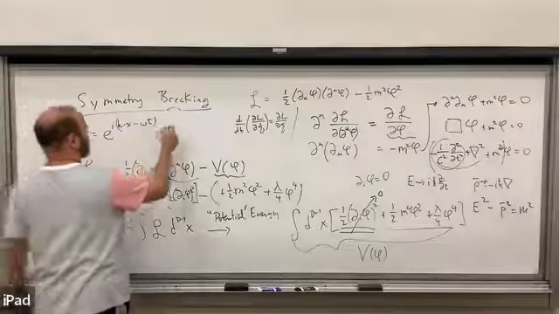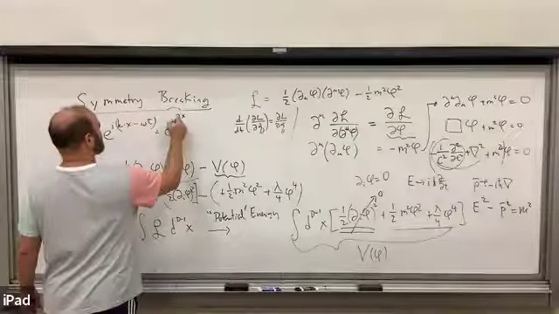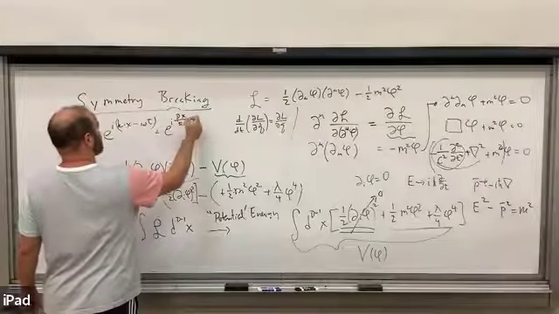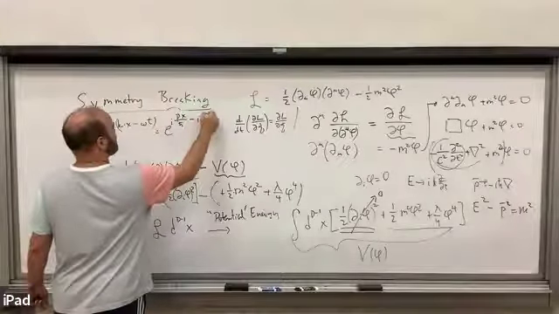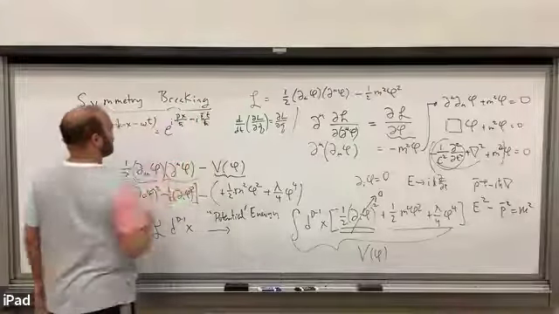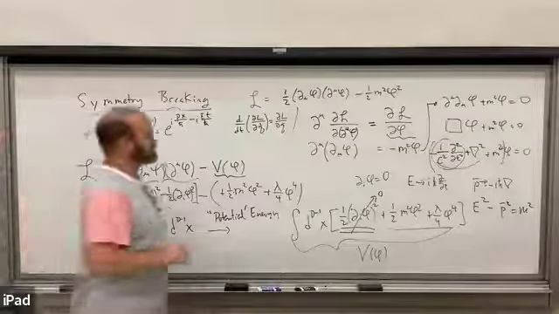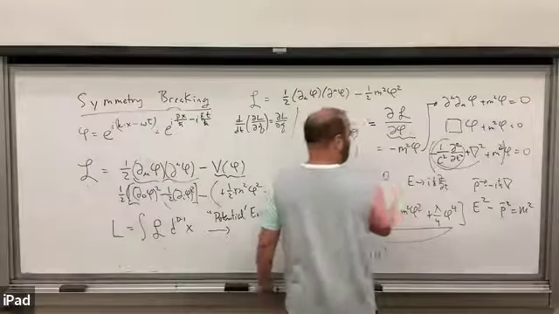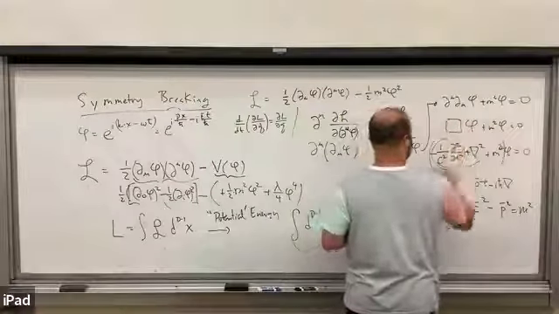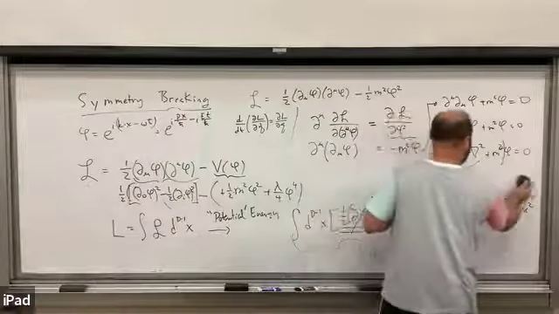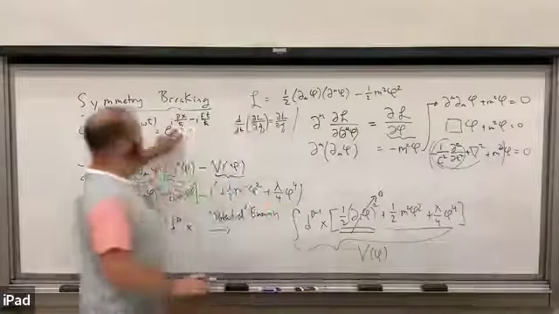So basically, this is going to be e to the i p x over h bar, and then minus i E t over h bar, like that. So we can do the derivatives. Okay, so let's take a look at this. This is what I'm claiming I have, and I'm saying that is equal to this, and so basically what we do is we take this plane wave in here.